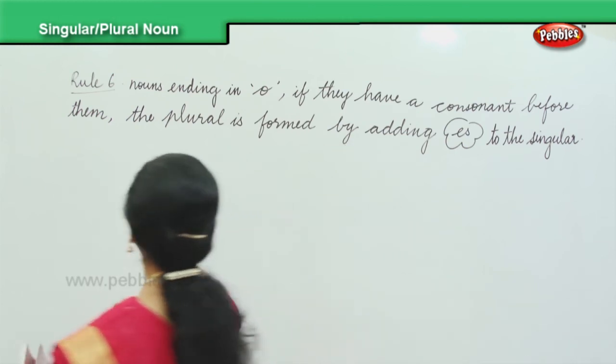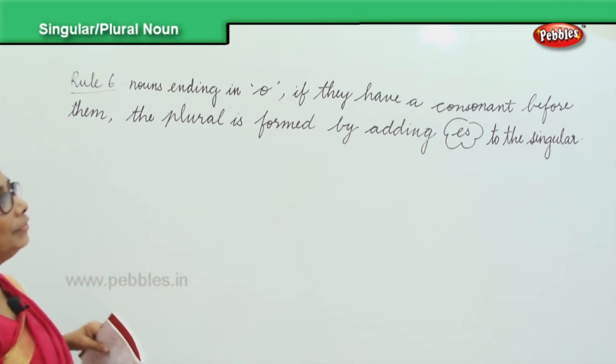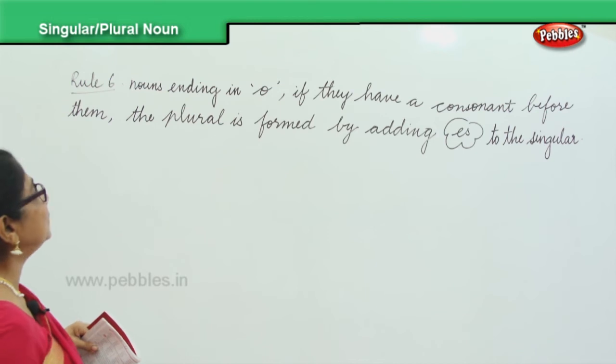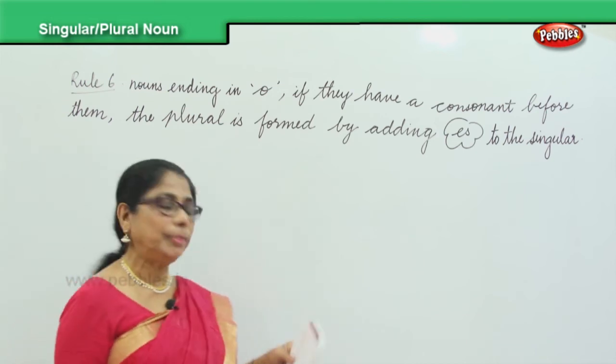If you have a noun ending in O, and if there is a consonant before it, then you add ES to form the plural form.